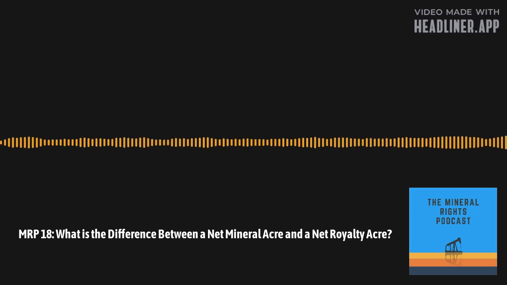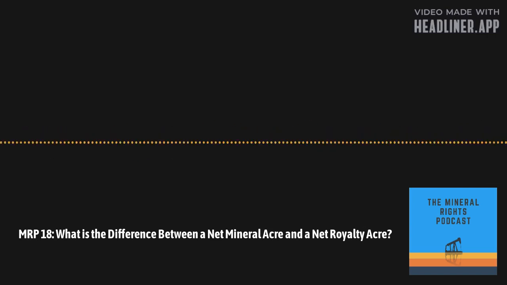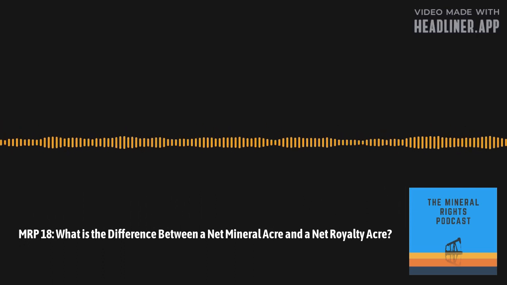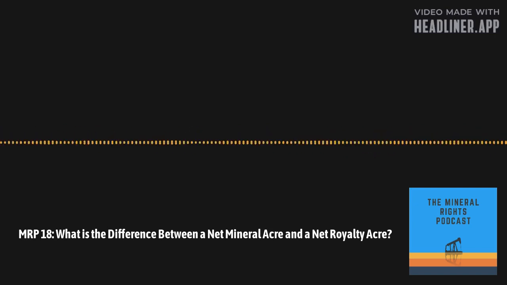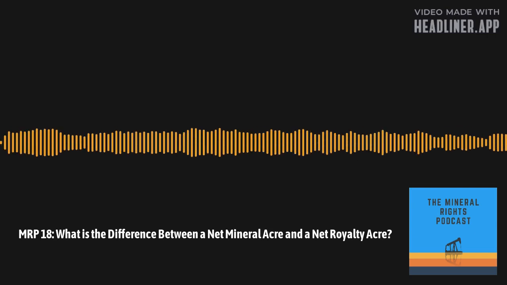Now, let's say that you're leased at a 25% royalty, and again, like we talked about before, you have 16 net mineral acres. Your number of net royalty acres would be 16 times 1/4, which is that 25% royalty, times 8. That boils down to 4 times 8, which is 32. So you have 32 net royalty acres.